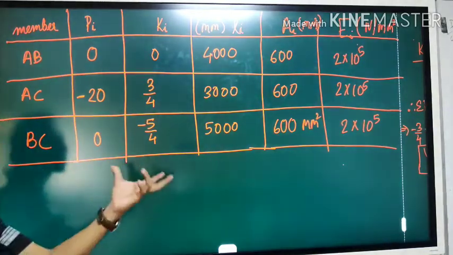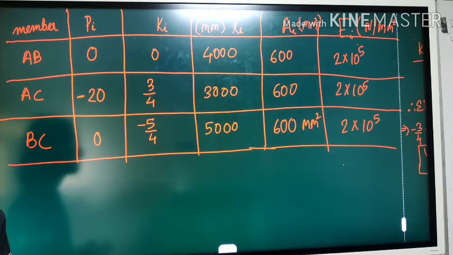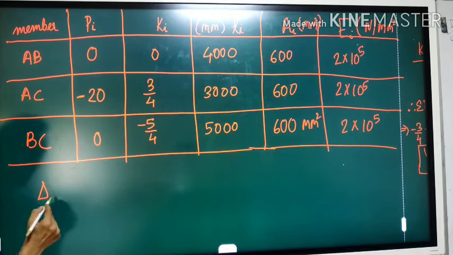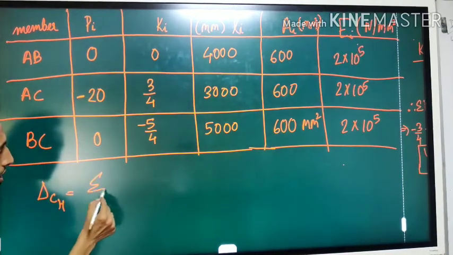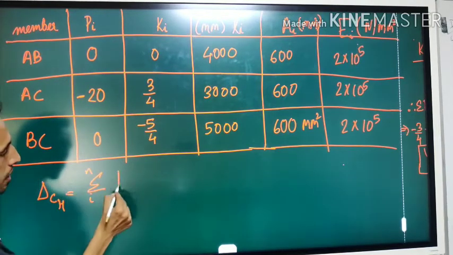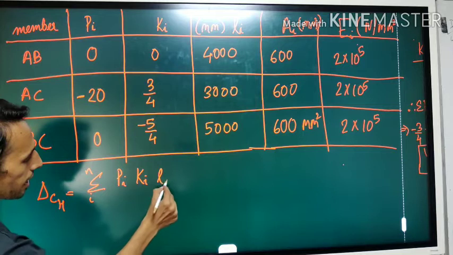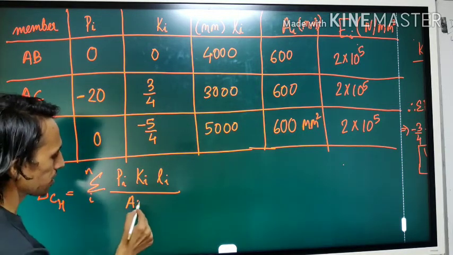Now this is your basic table for calculating the values. So you can find the deflection in the horizontal direction; how was it calculated? Sum of PI KI LI divided by AI into EI.